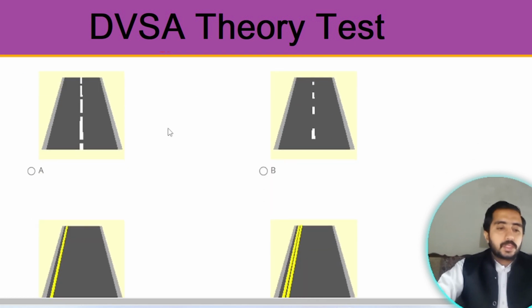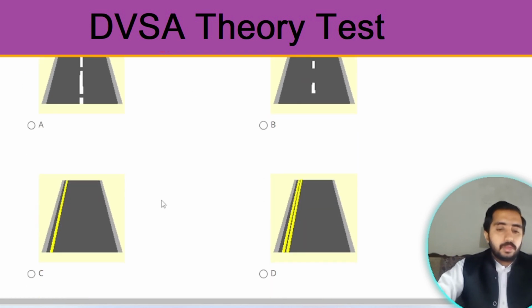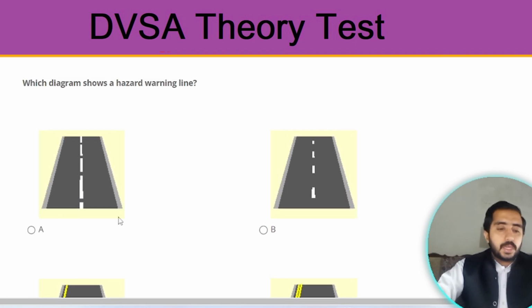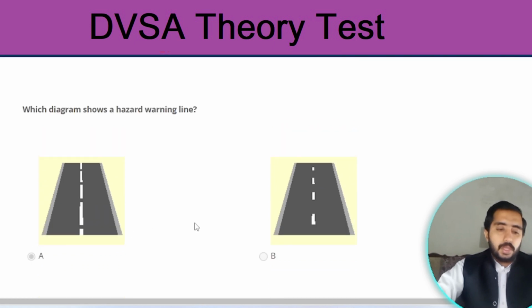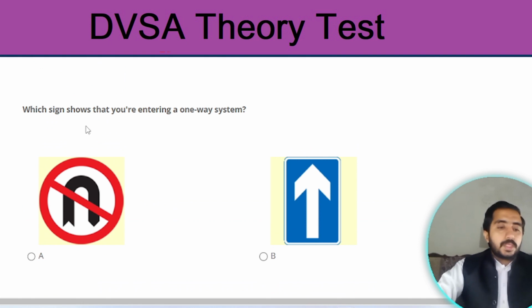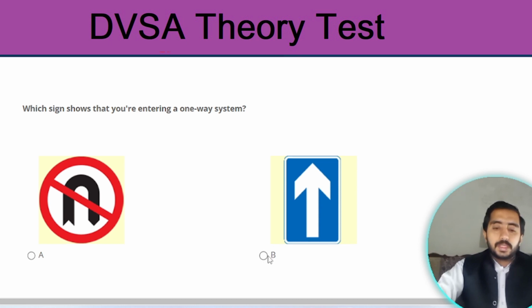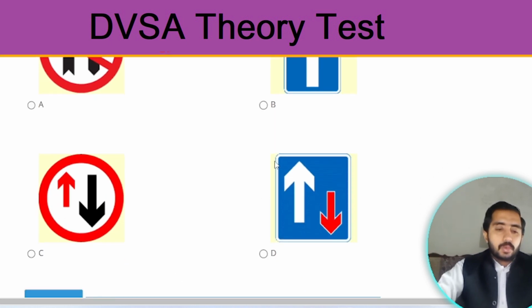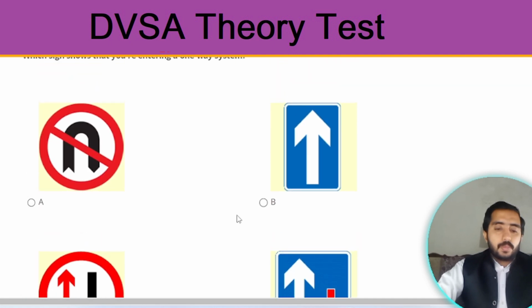Hazard warning lines are shown by sign A, which is option A. Next, which sign shows that you are entering a one-way system? The correct sign is option B.